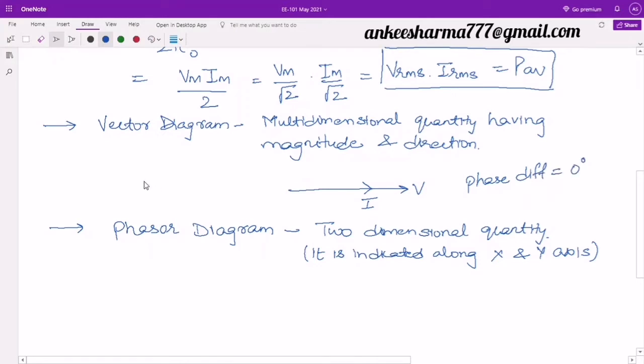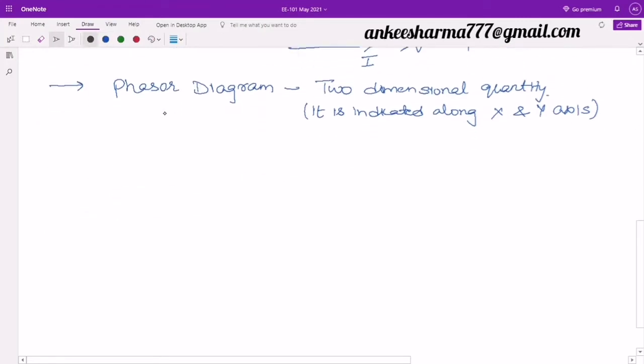Now next, if I take a case of an inductor, secondly I will take the case of an AC source across an inductor. Now what is going to happen? Again I will take a sinusoidal source and an inductor will be connected across it.